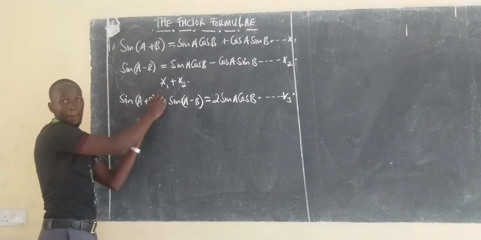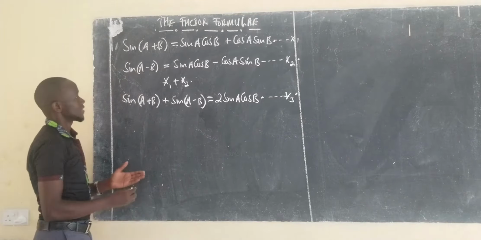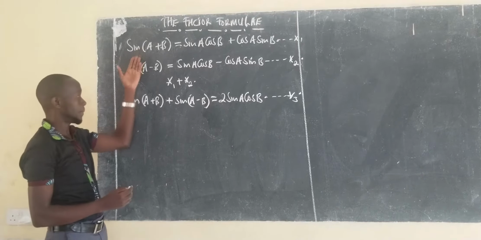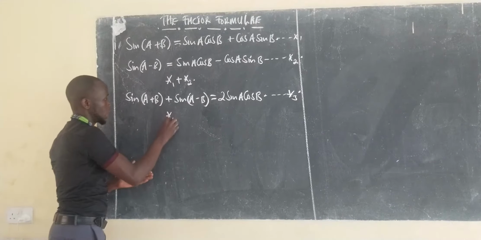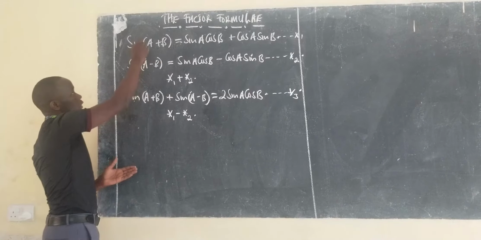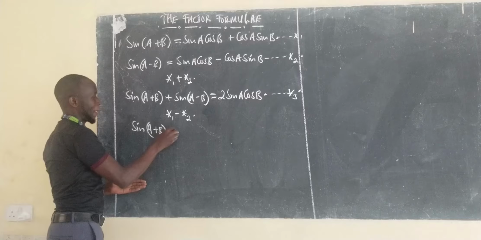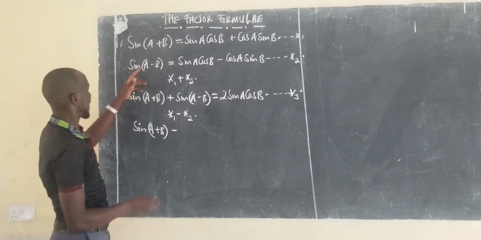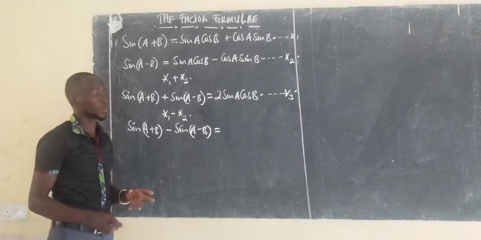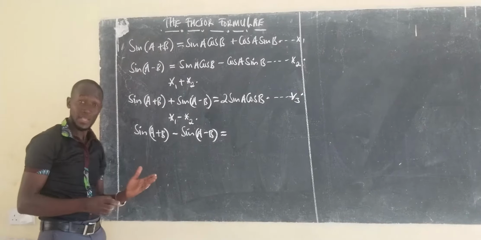Now, after getting the sum, get the difference as well. Make sure that you maintain your stand that you're getting equation 1 minus equation 2. When you get 1 minus 2, we shall say it is sine of A plus B minus sine of A minus B. What you do on this side is what you do on this side, with a negative because we are subtracting.